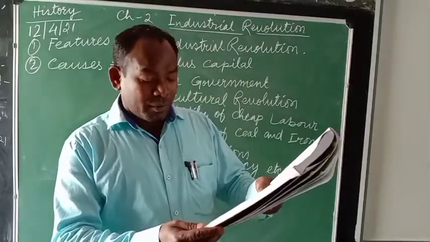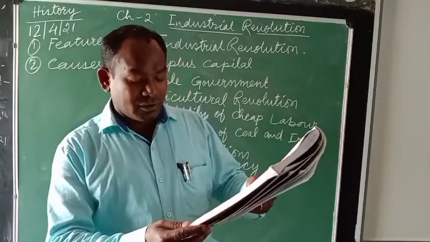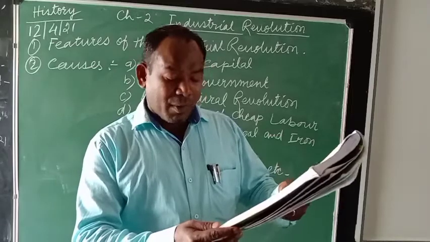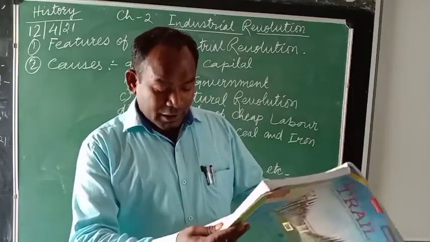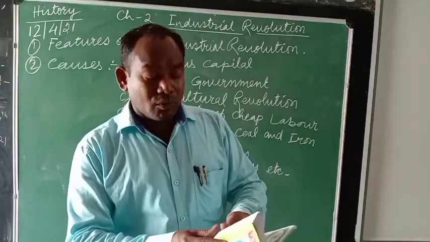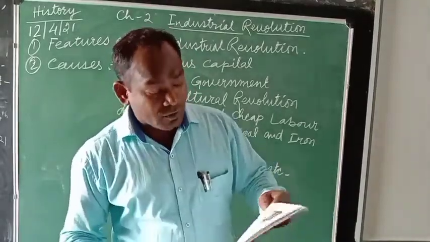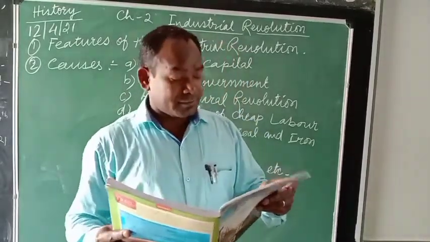The Newcomen pump, James Watt's steam engine using steam power, and Davy's safety lamp helped extract coal from the coal mines and increase the production of coal and iron.